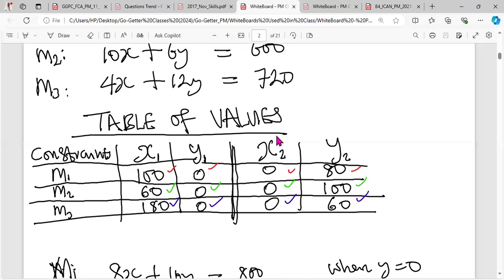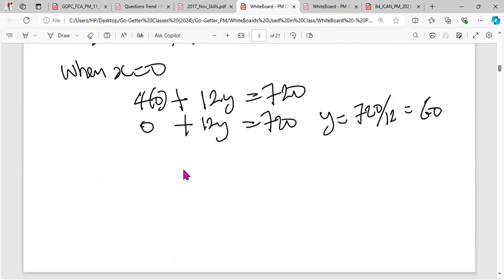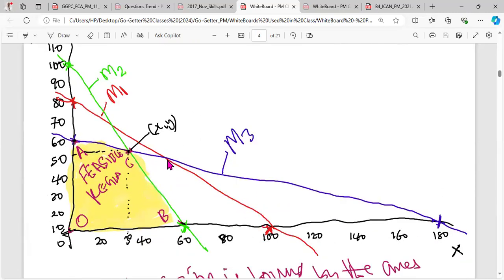We plot a table of values where we find X when Y is 0. Then in turn we look for Y when X is 0. We then plotted the graph. When we plotted the graph with these 2 points, we used our ruler to join them.